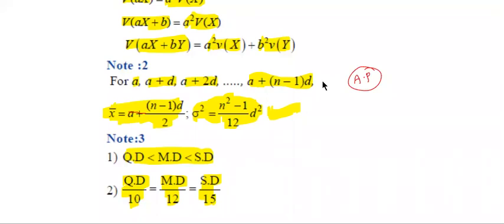So in the examination, if they give standard deviation and ask to find either mean deviation or quartile deviation, use this relation and you will get the answer. Sometimes they will give quartile deviation. Then how to find the mean deviation? By using this relation, we get the answer very easily.